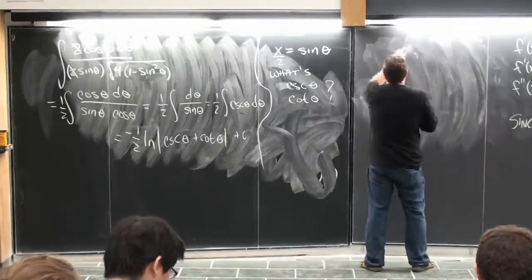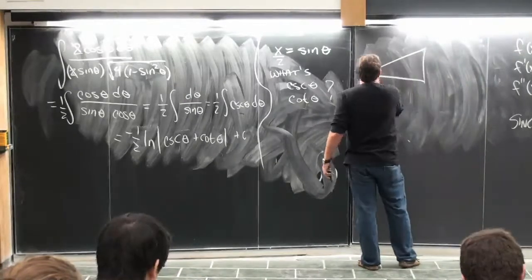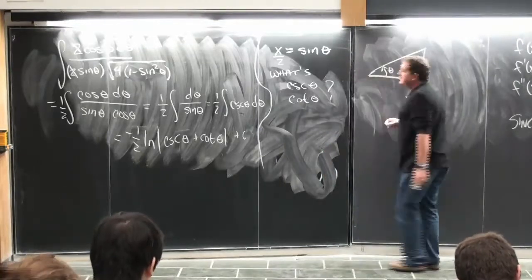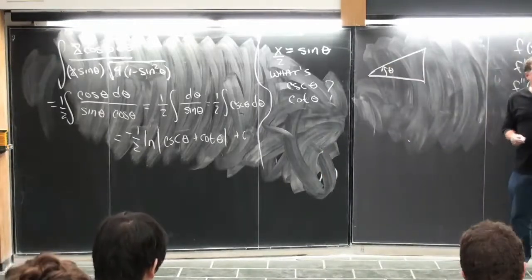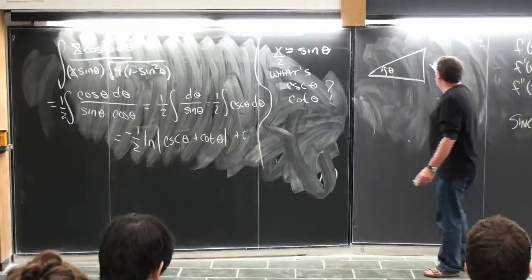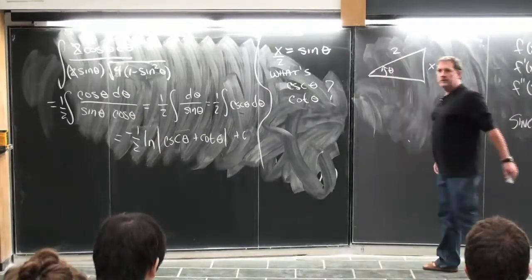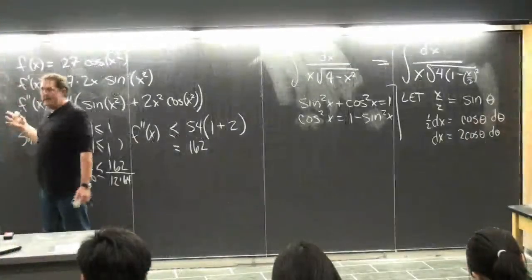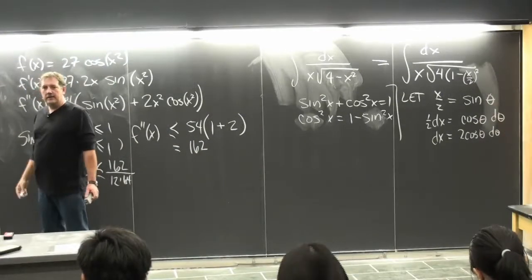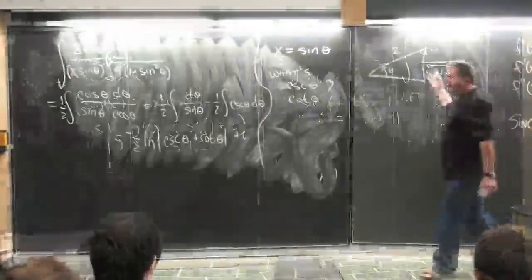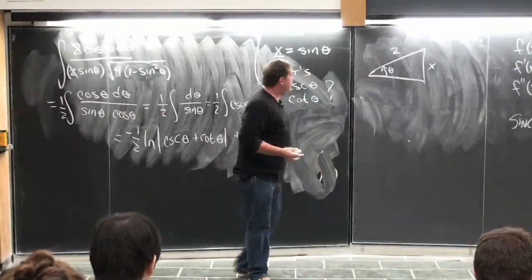So we just draw a right triangle here, where x over 2 is the sine of theta. So that would mean that the opposite over the hypotenuse, this triangle has x over 2 equal to the sine of theta. And then we can use the Pythagorean theorem to figure out what the other side is.